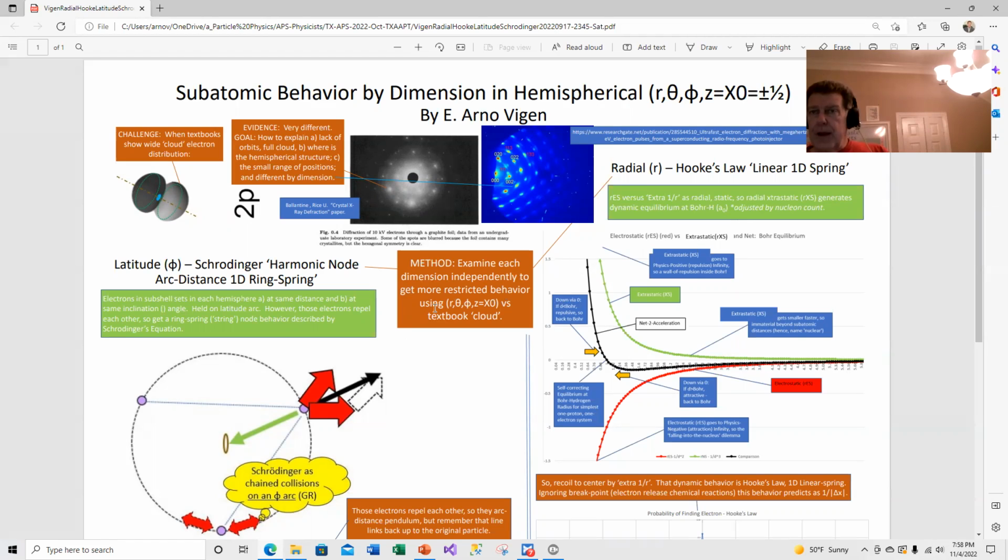hemispherical frame of reference. And understand that the hemispherical is 3 dimensions: the radial, the theta, which is the inclination or longitude, if you're thinking of, say, a globe. Remember, longitude goes from the equator. Inclination starts at the poles.